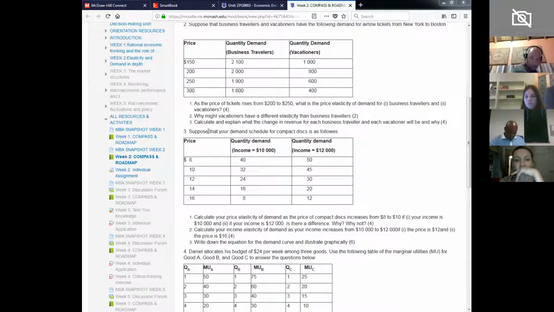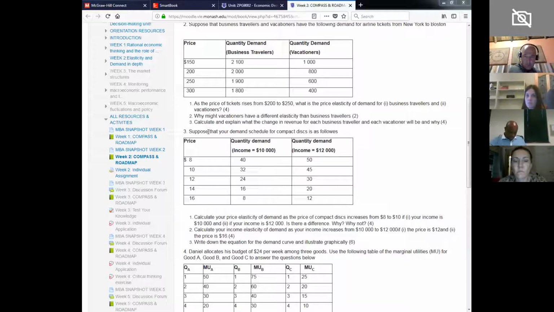Right, again, I just want to make that clear. And Russell was right. If the question is, calculate and explain what the change in revenue for business travelers and vacationers will be, then you take the total, you multiply 2,000 with 200, and you get the revenue for business travelers.